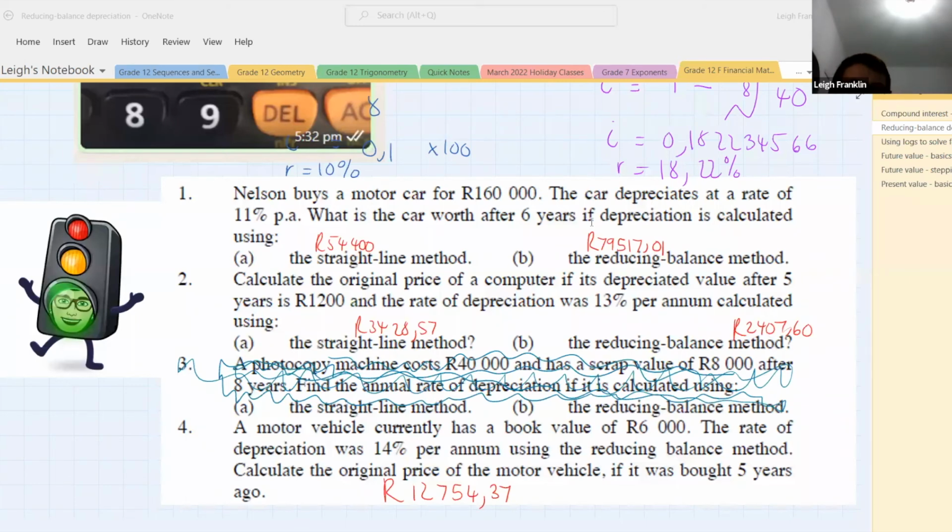There's a couple of people that are asking for us to do corrections. That's fine. I'm more than happy to do corrections. Just tell me which ones you want me to do in the chat. Okay, I'm just going to double check on my answer for B again. I could have pressed something funny on the calculator. 1, 2, 3, and that would be 1. I got the same answer. Did you get the same answer as me, Neliswa?